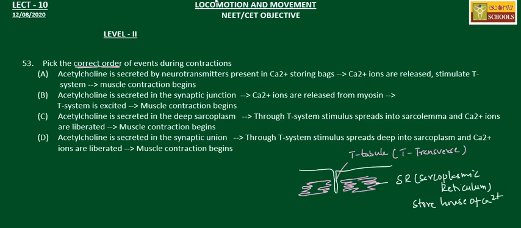From the neuromuscular junction, when the information is passed, it will pass through the sarcolemma into the T tubule and finally reach the sarcoplasmic reticulum, and from the sarcoplasmic reticulum there will be release of calcium ions, and these calcium ions will later bind to troponin, and that initiates muscle contraction.